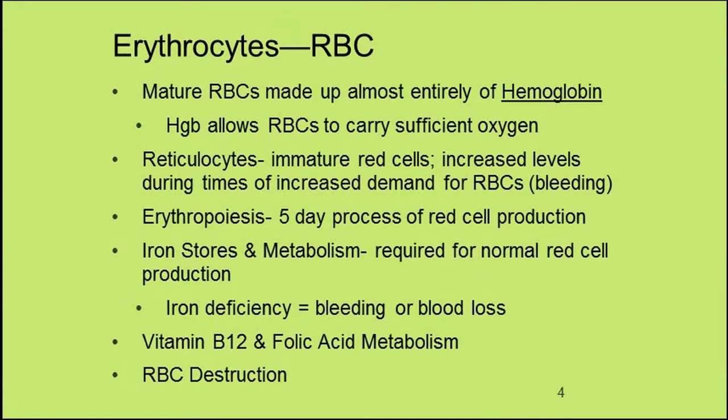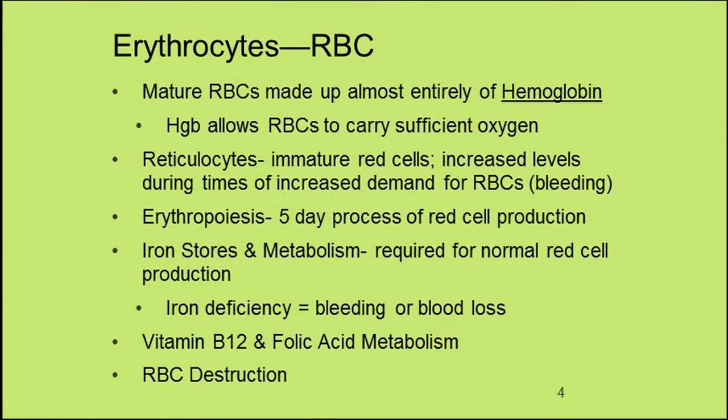A lack of dietary iron is not really very often a cause for iron deficiency, or things like iron deficiency anemia. Usually when there's an iron deficiency, it is the direct result of blood loss. So there's either bleeding, or has been blood loss for some reason, which has stimulated release of that stored iron, in an attempt to make up for the loss of red cells.